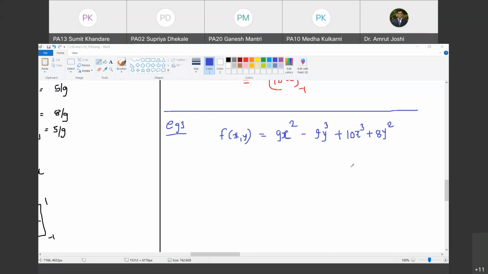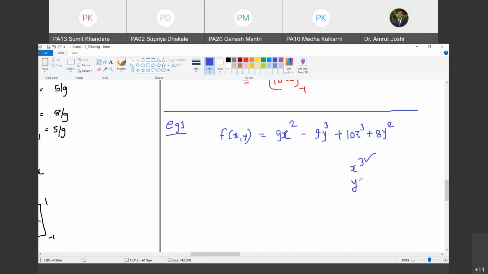If this is the polynomial, what is the highest order of x? Can you tell me? Highest degree of x? 3. Yes. So the highest degree of x is 3. And what is the highest degree of y? Sir, 2. How? We also have a term minus 9y cube, right?